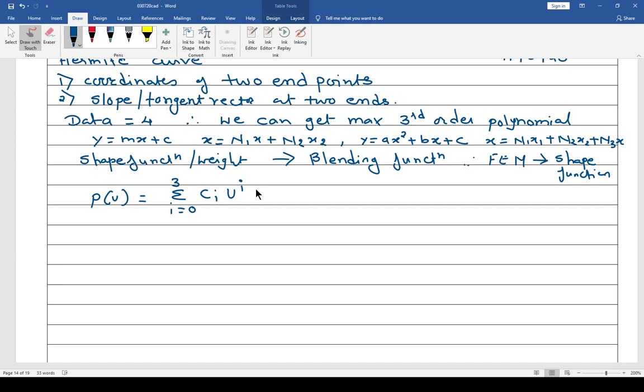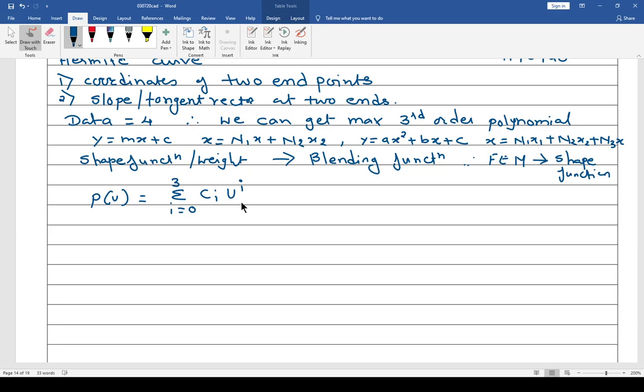We have studied what is parametric equation, and we are going to use all that. We have also studied the advantages and disadvantages of parametric equation, because here dy by dx is never going to be infinity. We have delta x, delta y, and delta z, the three slope parameters. Their value will be either 0 or some maximum value, but never infinity. It will have a finite value, and that's the advantage we get in parametric equation.